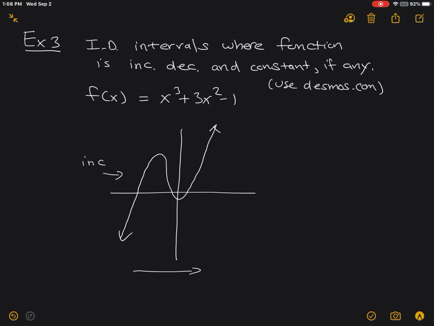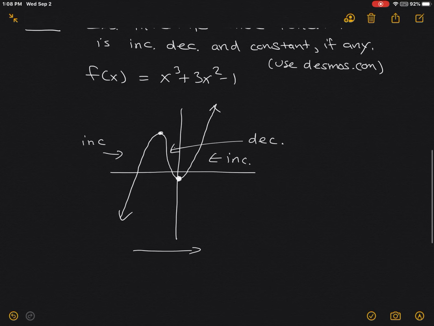After it hits this point, whatever that point is, I'll get that number in a second, it starts decreasing, so maybe decreasing in this area. And then once it hits this point, it goes up again, and of course it increases. So that's the big picture. If you were to describe this to any elementary school student taking math, they could probably figure out where it is increasing, decreasing.